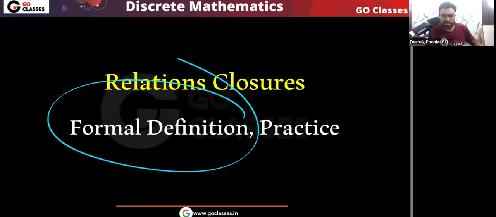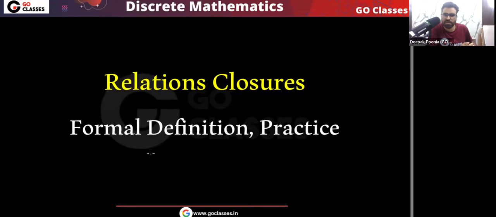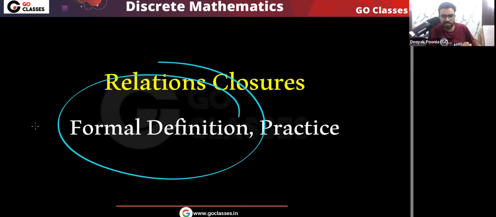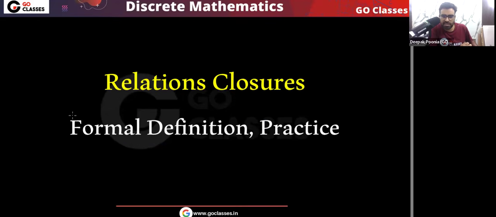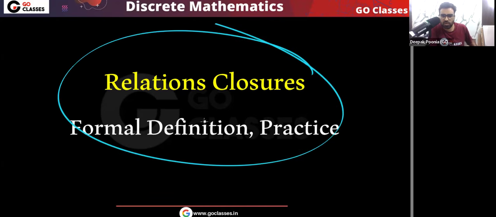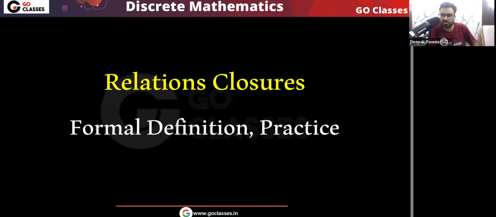This formal definition will be very useful in true-false questions, in theoretical conceptual questions where they are asking for the formal definition, or where they give the formal definition in the question. But remember, in the remaining questions where a relation is given and a property is given, you can just use the previous, informal definition.